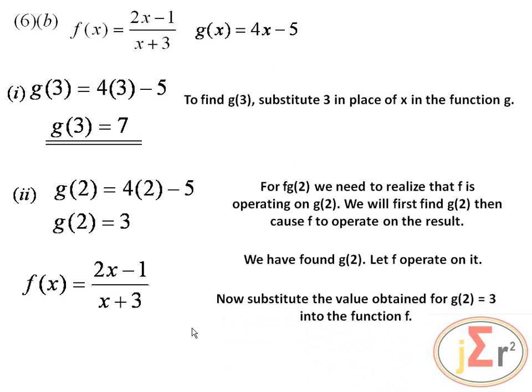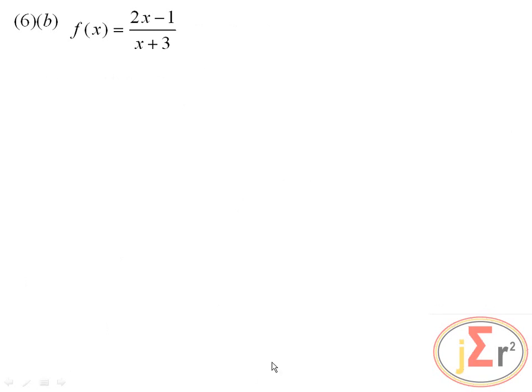Substitute the value obtained for g of 2, which is 3, into the function f. So 2 3's are 6, minus 1 is 5. So that is 5 over 6.